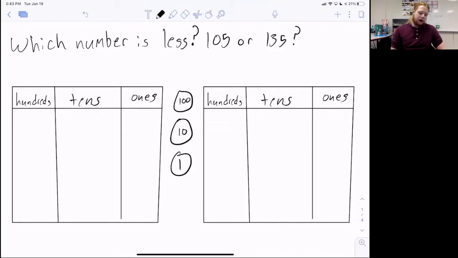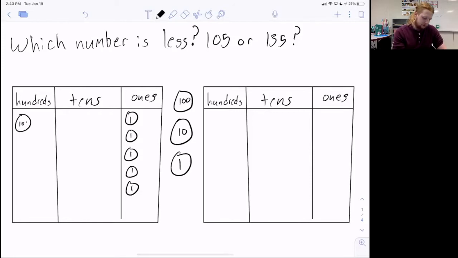So 5 is in the ones, so we need 5 ones disks. 0 is in the 10 spot, so we need 0 tens disks. And there's a 100 disk. And see, look, it's the same size as the other ones.